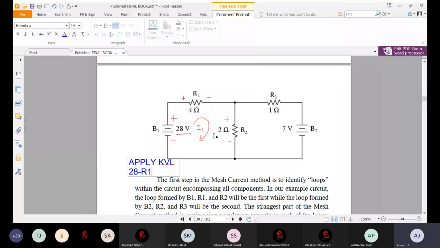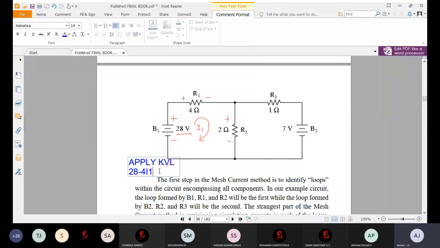Okay, R1 is nothing but 4. So directly I will write 4 into I1. Have you got the point? So I'm going to multiply the 4 ohm resistor along with your current I1. Still we don't know the current, so I'm simply representing the current parameter I1.